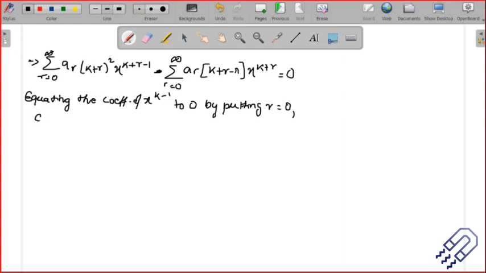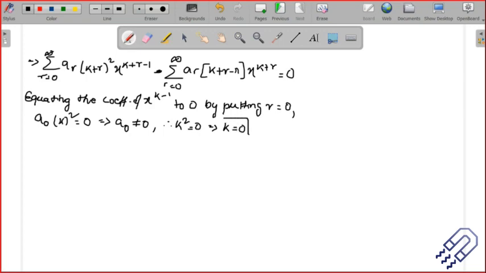So we can simply write it down as a naught into k square, because r is 0, so it is k square, and we're equating the coefficient of x to the power k minus 1. So this is equal to 0, okay. Now this will imply, a naught is basically a constant coefficient, and this cannot be equal to 0. Therefore we can say that k square is equal to 0 implies k is equal to 0.